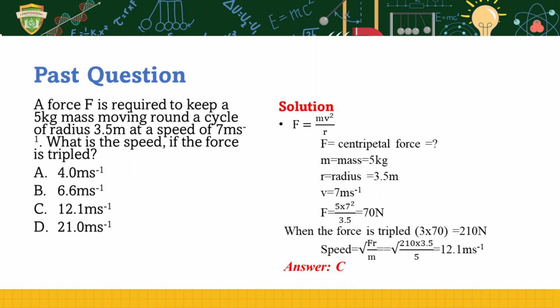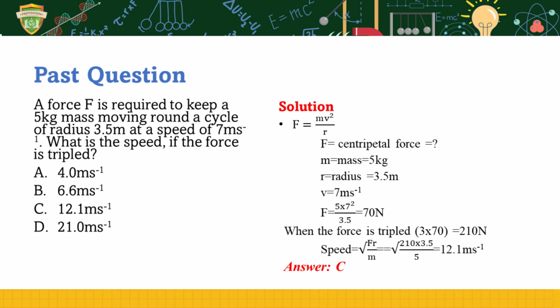After substituting, v is the square root of FR all over M, which is the square root of 210 multiplied by 3.5 divided by 5. The answer you will get is 12.1 meters per second.